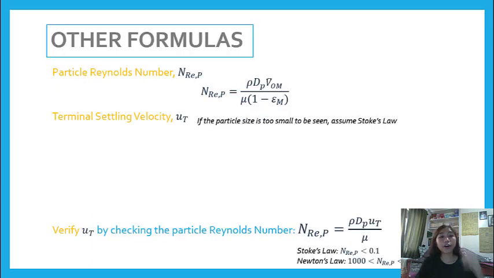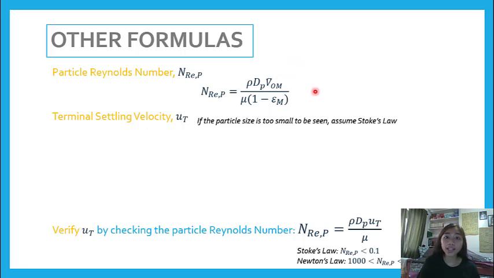So here are other formulas that can be used in fluidization problems. So we have the particle Reynolds number. It is equal to rho dp vom over mu times 1 over e. So this is the particle Reynolds number if the minimum fluidizing velocity is given.